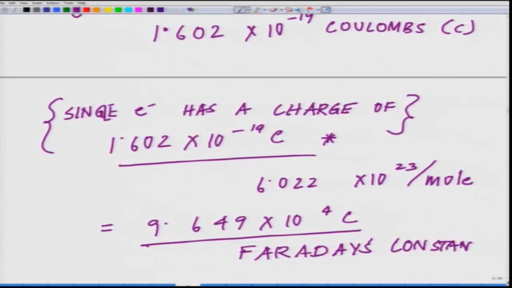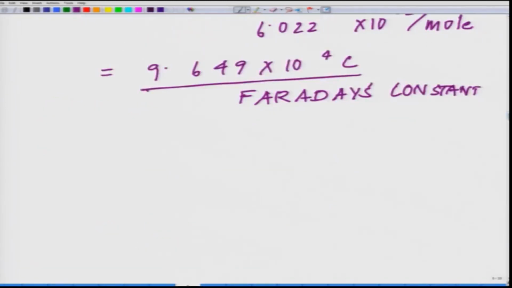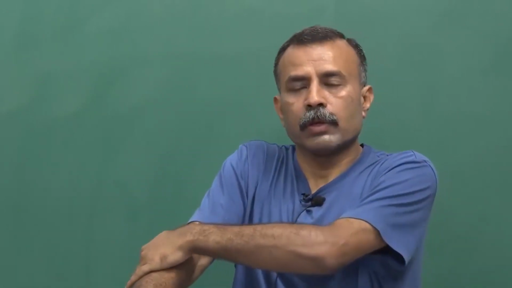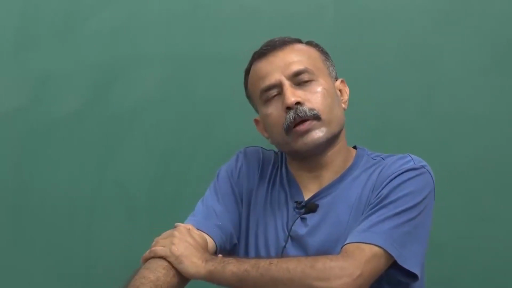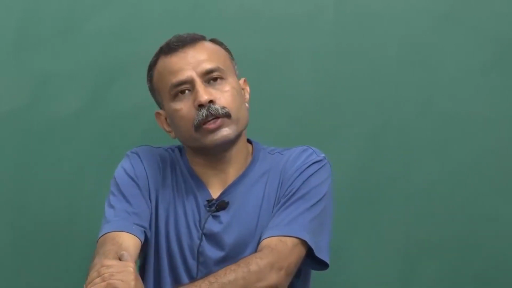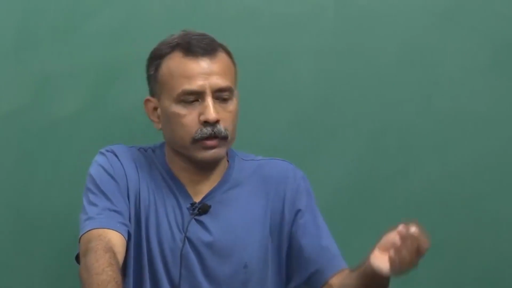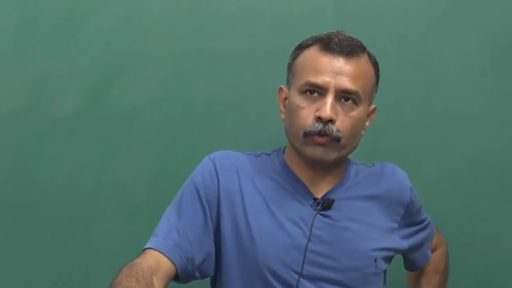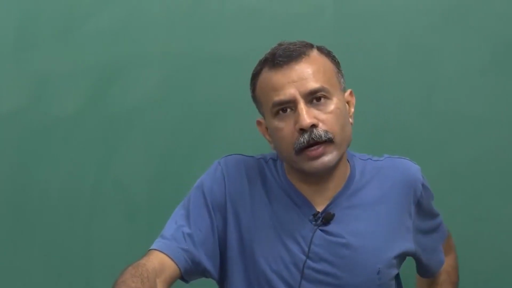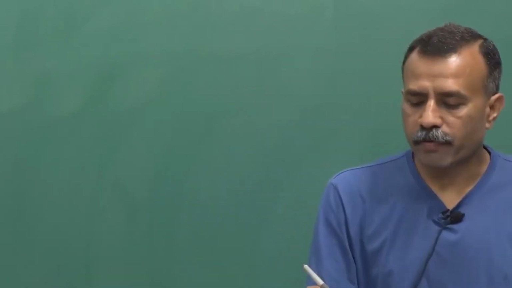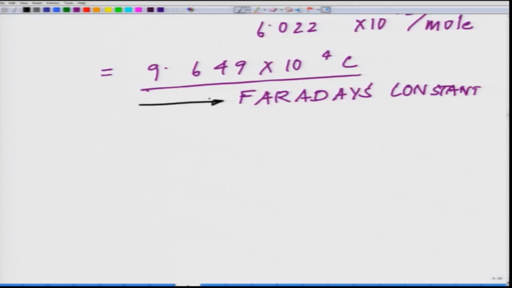One mole should have Avogadro's number of particles, so if we assume the total number of electrons in 1 mole is Avogadro's number and multiply that with the charge on a single electron, the value we get is termed Faraday's constant. These are the beginning of some of the basic concepts.